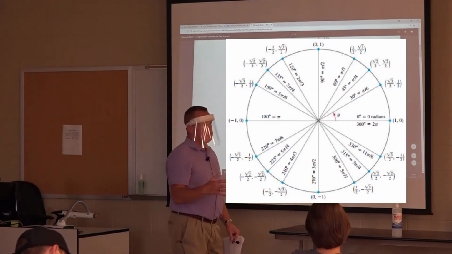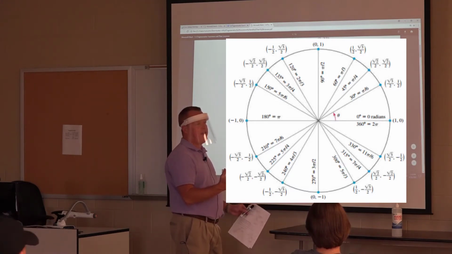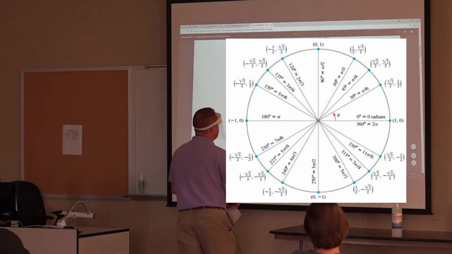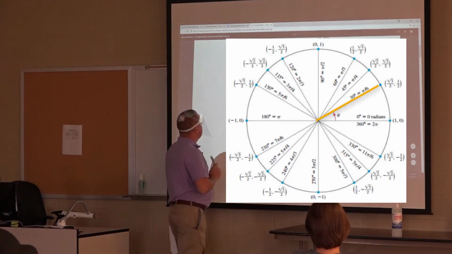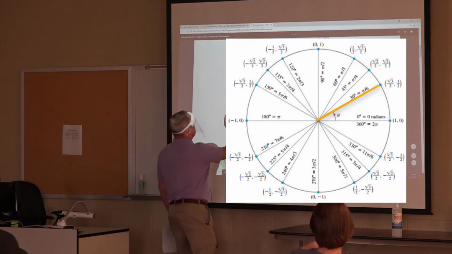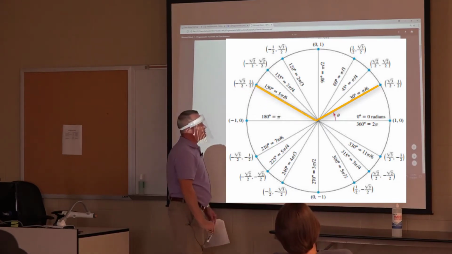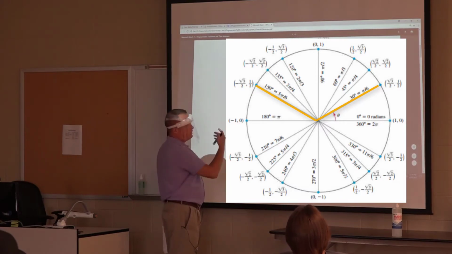On the unit circle, where are the y values a half? I've got one right here. Where else do I have one? Right there. So is the inverse sine of 1/2 pi over 6, or is it 5 pi over 6?